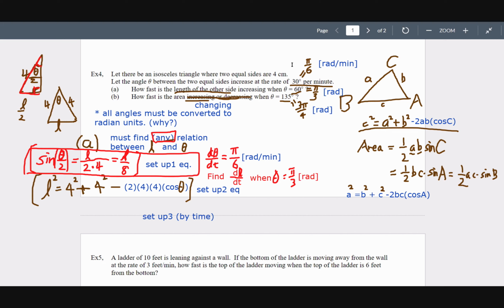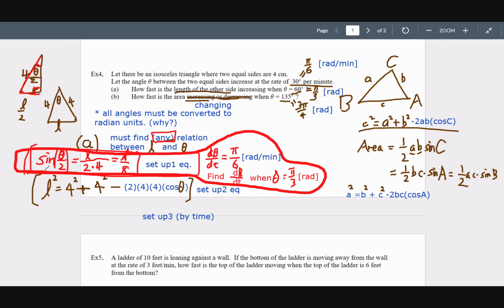The complete setup is this right here, all the stuff in red. I think I should have written this in a more organized way, but that will be the setup.